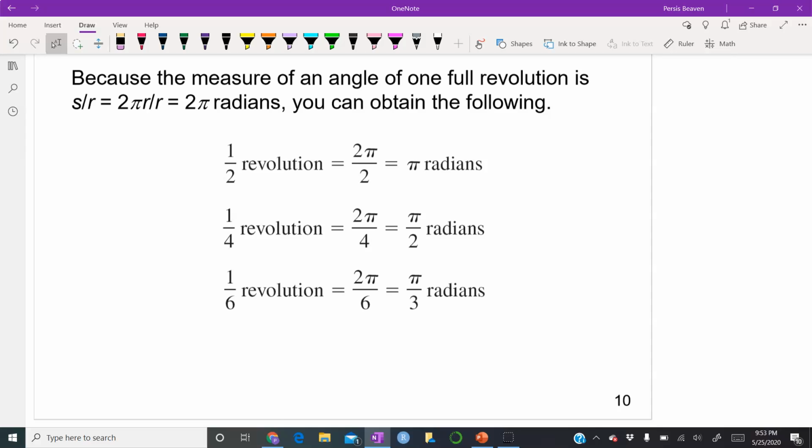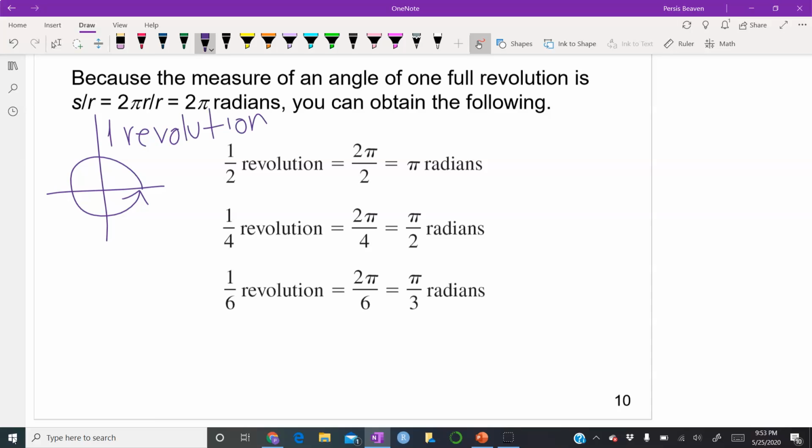Okay, so now let's go back to the full circle. And so we said that if we go one revolution is equal to 2 pi, provided we're working with that unit circle, and that means that the radius is equal to 1. We're not really concerned about the units here.